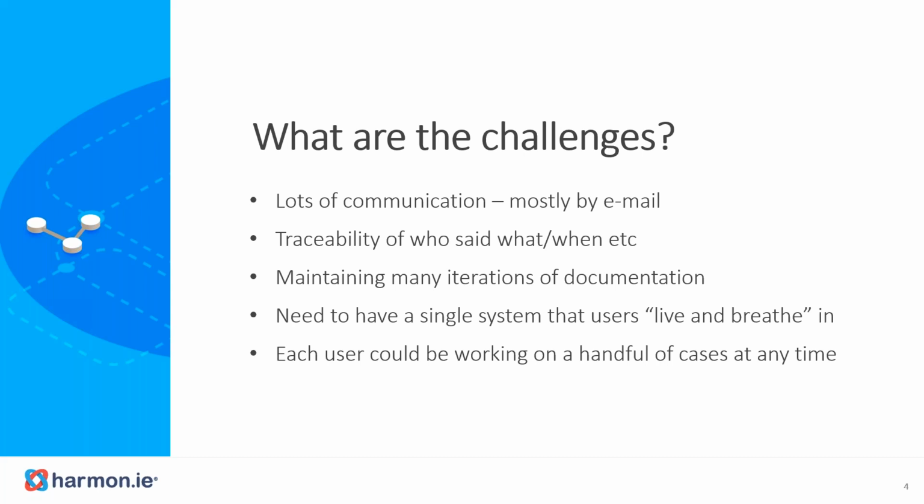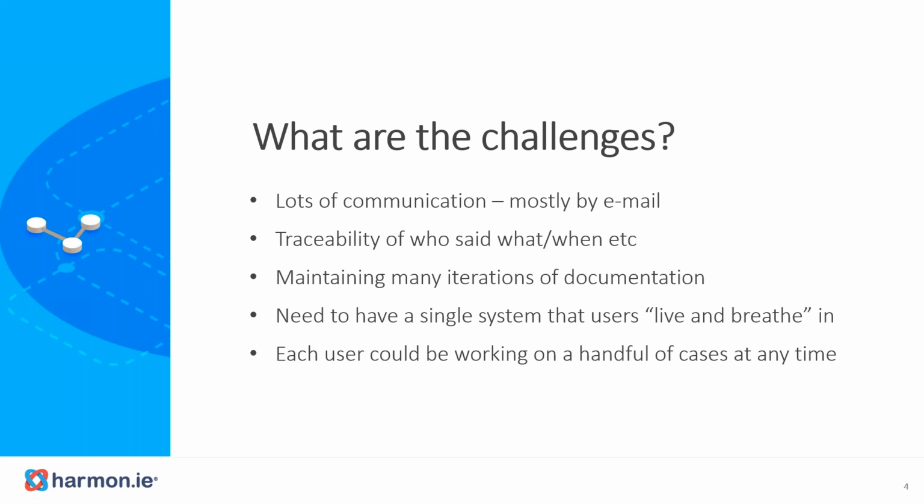It's very rare that you get an initial version of a document that doesn't need redlining, comments adding, or feedback from multiple parties, and that could be multiple internal colleagues, or it could be lots of external parties as well.